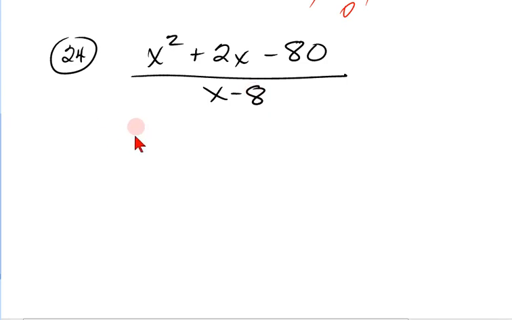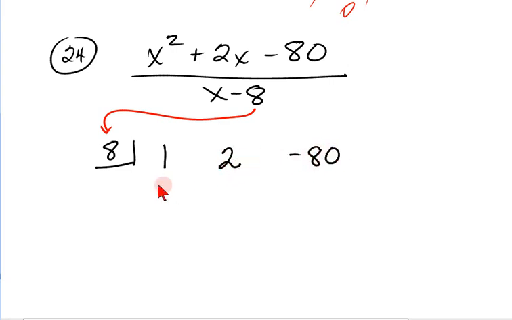What are you going to divide by? 8. Do you remember that this is where and the only place that you do your sign change? All right, now I write down the coefficients with a little bit of space. The coefficient of x squared is 1. Coefficient of x is 2. The constant is negative 80. I leave a blank and draw a line. What's next?